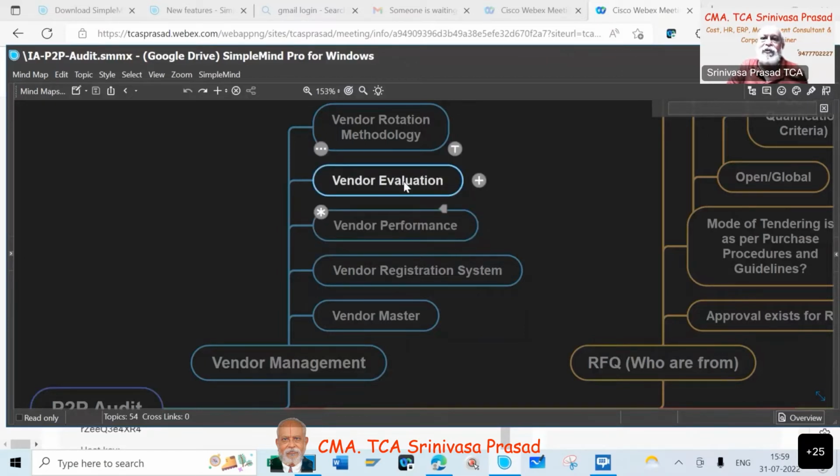If a particular vendor is not good after evaluation and the organization is continuously placing orders on him, that means there are some vested interests within the organization, and we'll have to bring this point to the management. Yes or no? Yes, sir. Any other point in the vendor evaluation which we are supposed to look at?